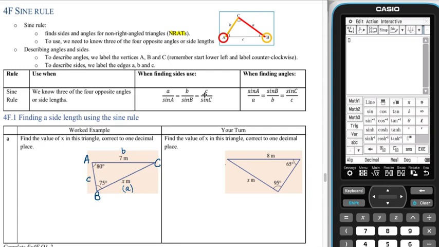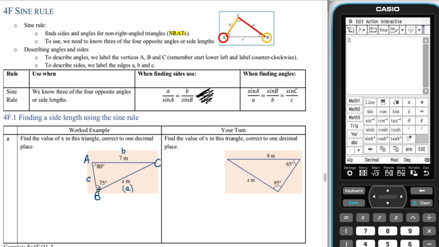For instance, you might be looking at a on sine A is equal to b on sine B. Or if you know your a and c, you might be looking at a on sine A is equal to c on sine C. So we're going to use, in this case, a, b, B. So we're looking at this situation and that equation.